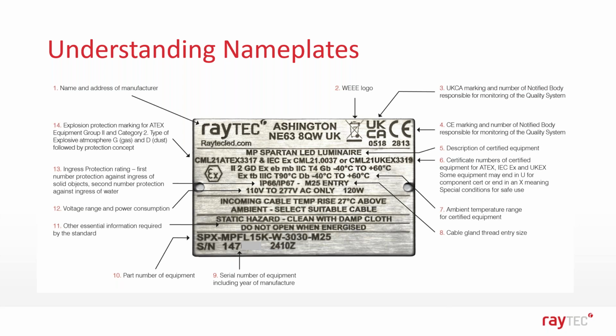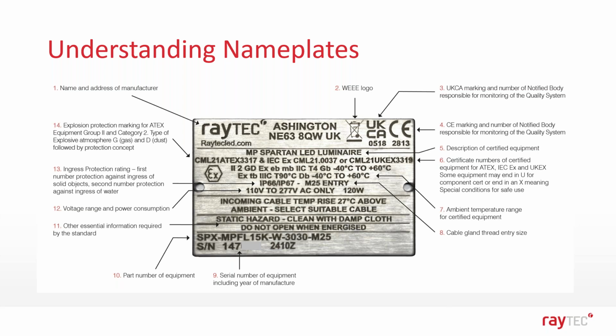Next, you'll see the description of the certified equipment, in this case mid-power Spartan LED luminaire. Underneath that, the certificate numbers of the certified equipment. This is particularly important for being able to view the certificates of the product and see any special conditions of safe use, for instance.